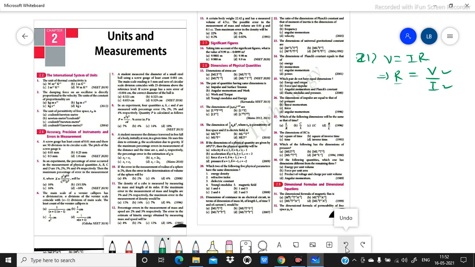I will go individually. So V equal to W by Q, work done by charge. So this formula is applied to calculate the V, which is nothing but M L2 T to the power minus 2 divided by IT.